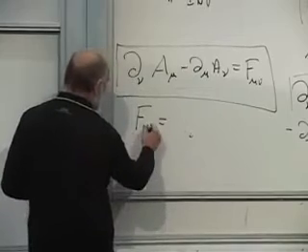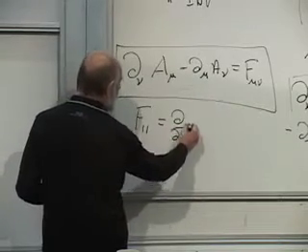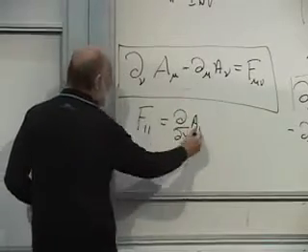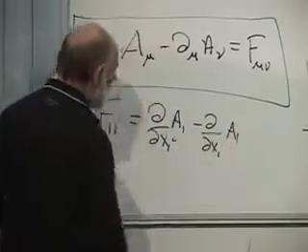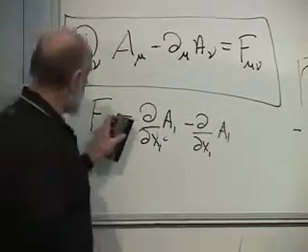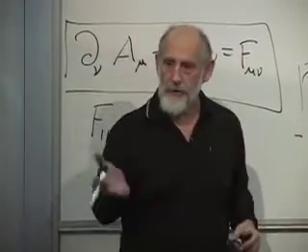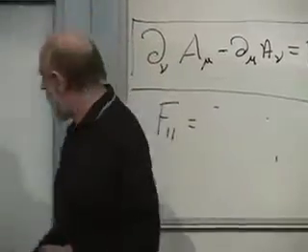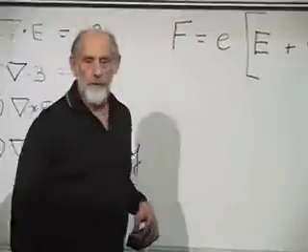F11 is equal to the derivative with respect to x1 of A1 minus the derivative with respect to x1 of A1. So it's 0. The diagonal elements are all 0. And the off-diagonal elements have opposite sign when you interchange the two indices. So how many of them are there altogether?